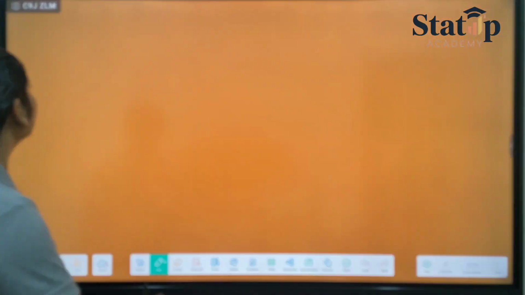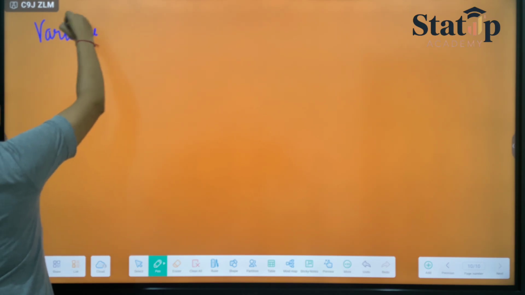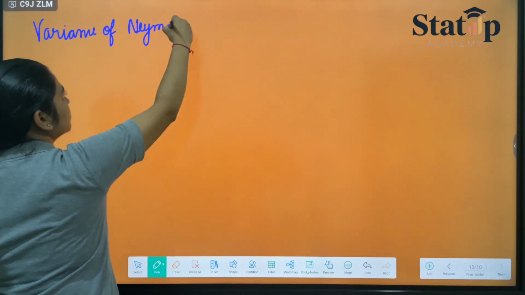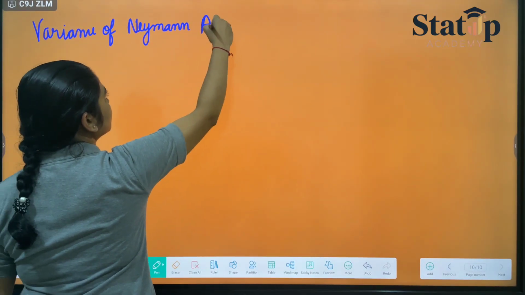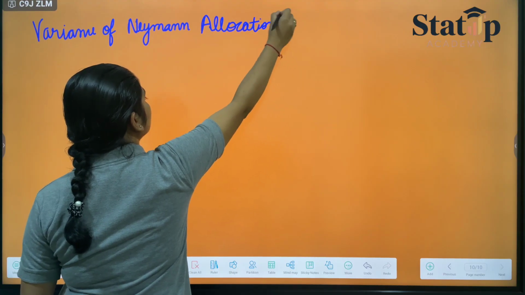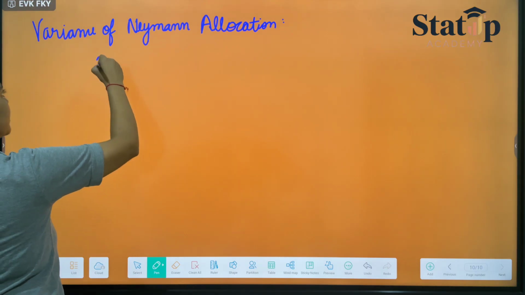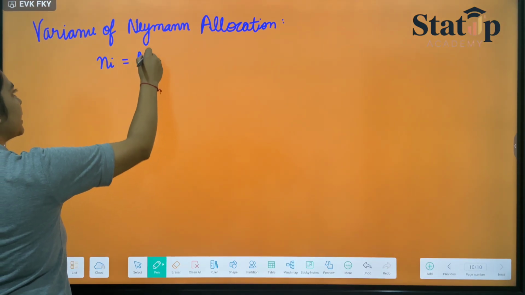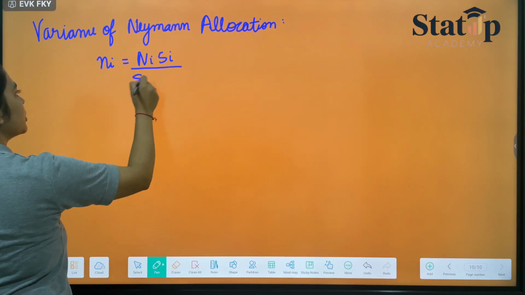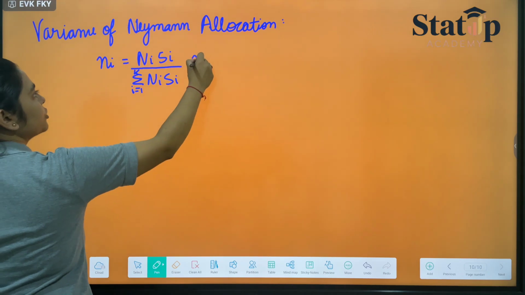Now secondly, we will calculate variance of Neyman allocation. What was Neyman allocation's formula for ni? ni was capital Ni into Si upon summation i goes from 1 to k capital Ni Si into small n.